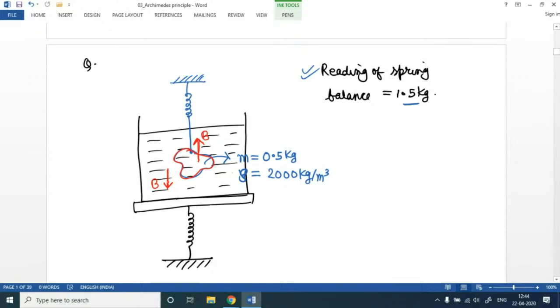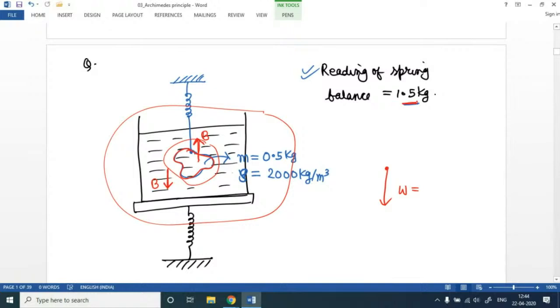Now if we consider the force balance on this system minus this block, this system previously had weight equal to 1.5 kgf, since the initial reading was 1.5 kg.